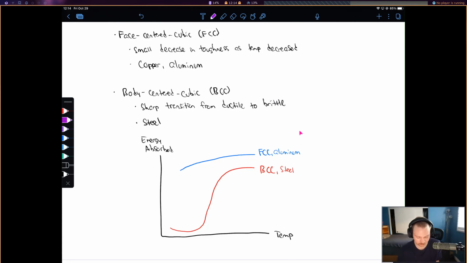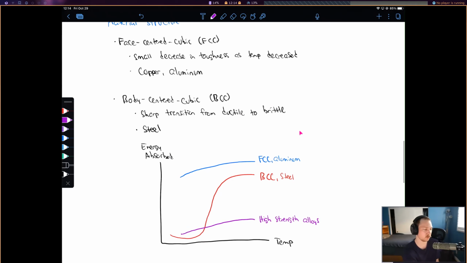For the entire range, high strength alloys are kind of chilling down here, so they're not very tough at all throughout this entire range of temperatures. Again, we're not going to be looking at that for this experiment because we're not testing those, okay? So we're going to be looking at aluminum and steel.